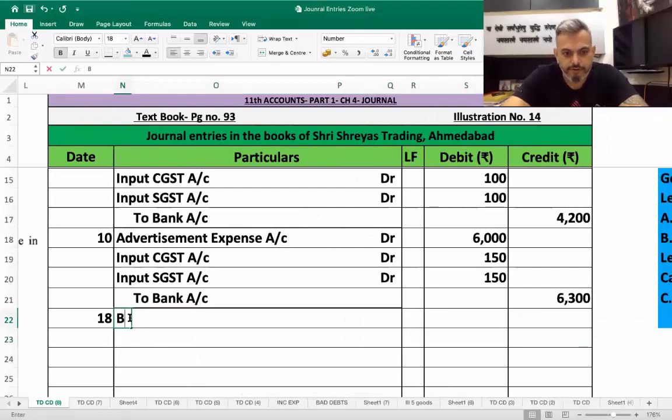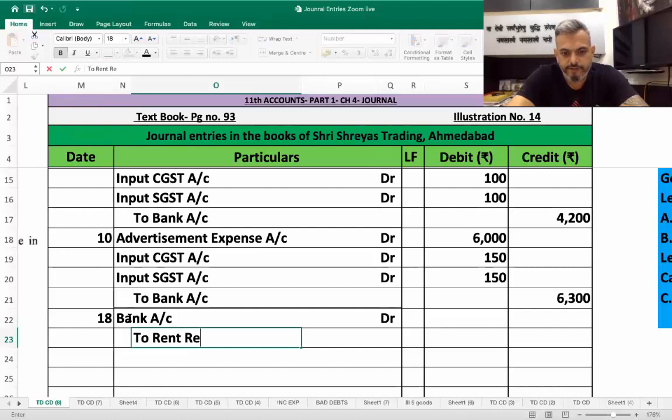So bank account debit 5,250 to rent received account 5,000.